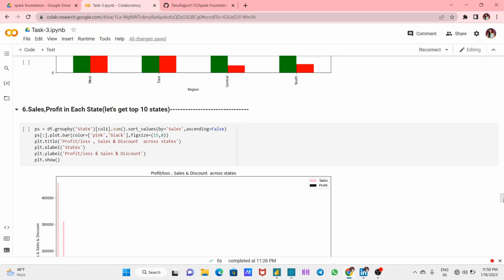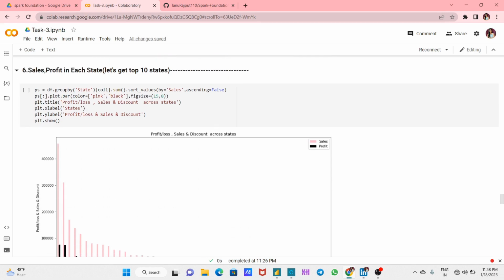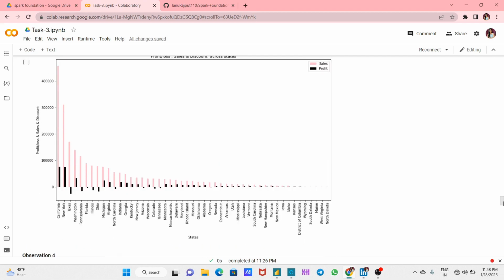Let's see the sales, profit and loss in each state. So here we can see that in California we have higher sales and also higher profit, and also in New York we have higher sales and higher profit. But in Texas and in Pennsylvania and in Illinois, Ohio, and North Carolina and some other states, we have losses in these states and also less sales.